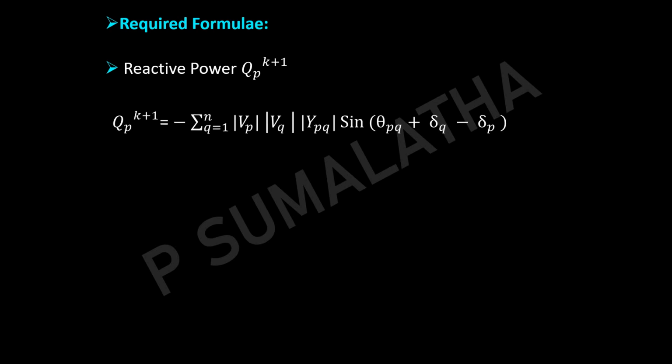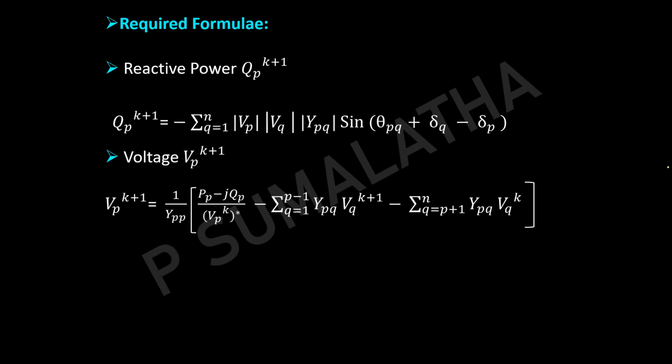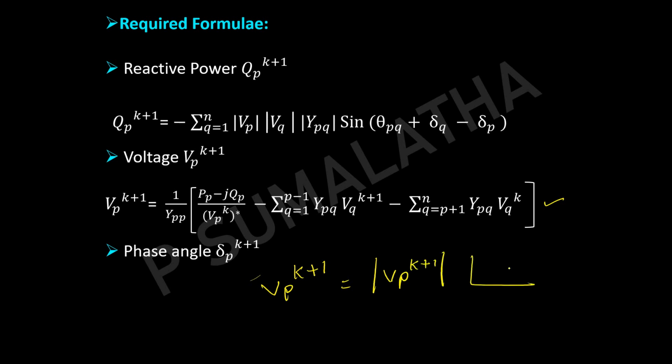Now before starting with the numerical, let us see the formulas that we need. The first one is the reactive power Q suffix P k plus 1 and the bus voltage at any bus P, that is V suffix P k plus 1 at iteration k plus 1, which we have already seen in the PQ buses case also. And the phase angle del P k plus 1: I have told you already, V suffix P k plus 1 can be written as mod V suffix P k plus 1 at an angle del P k plus 1, that is, the angle of V suffix P k plus 1.